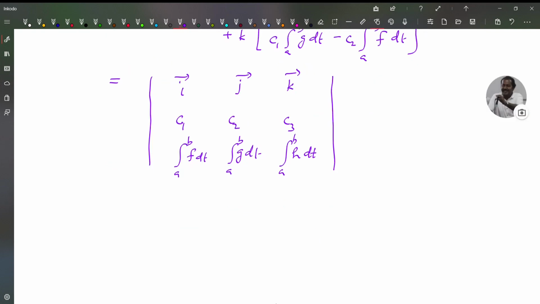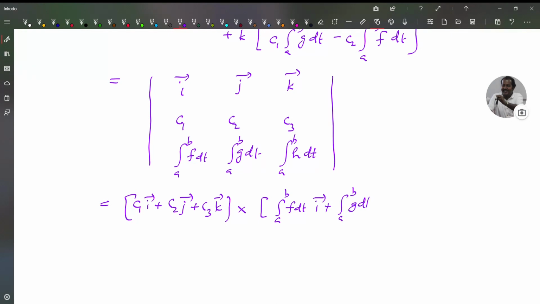So this is equal to c1 i plus c2 j plus c3 k cross the integral from a to b of f dt i plus the integral from a to b of g dt j plus the integral from a to b of h dt k.